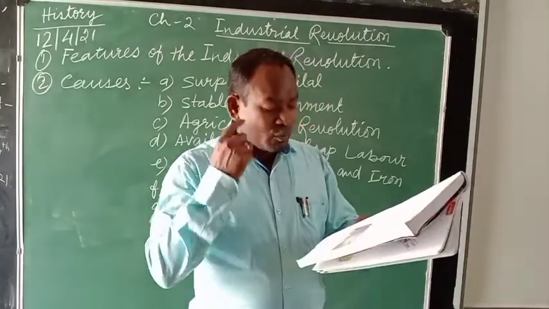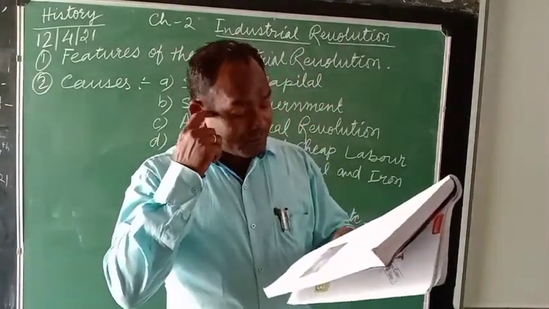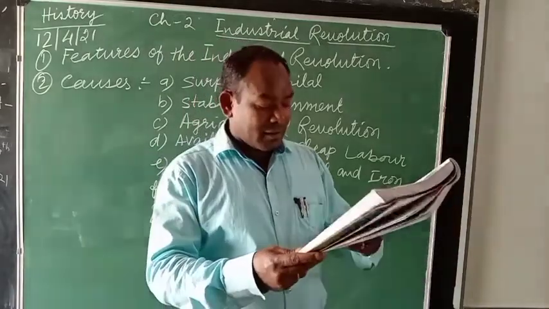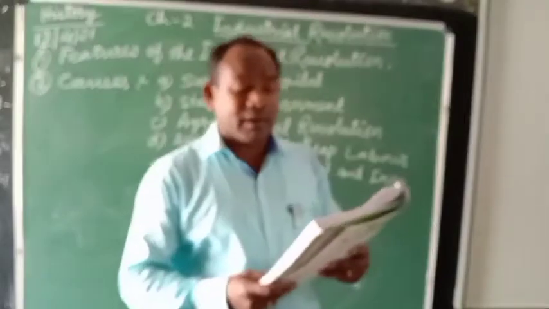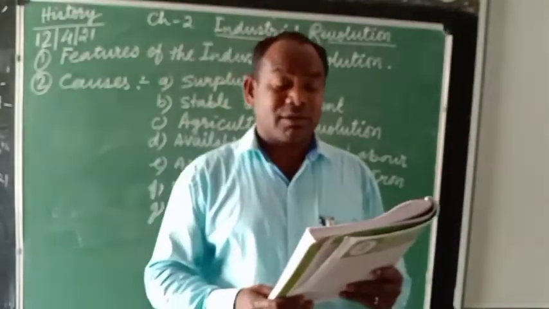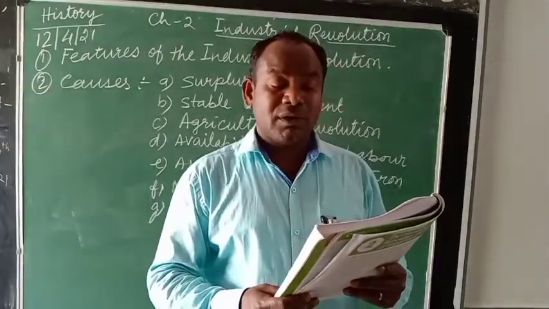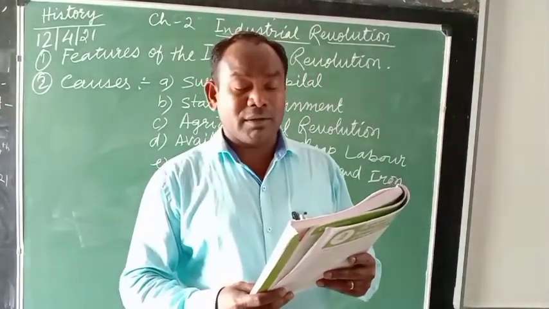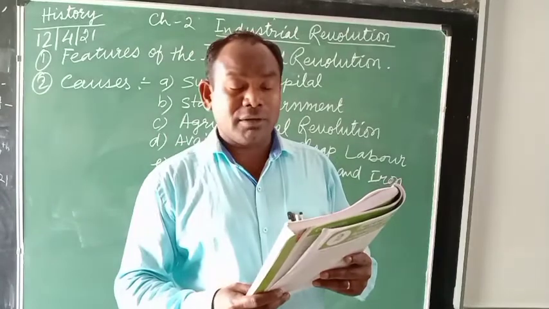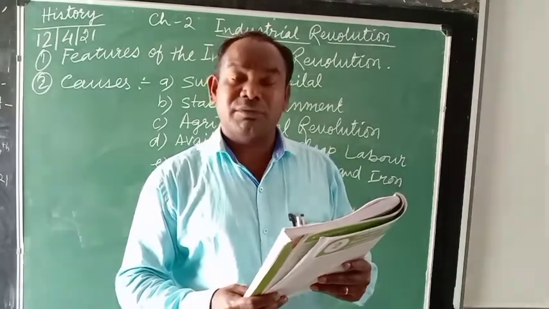The enclosure movement had led to the take over of land by rich landlords, and so the small landless farmers also migrated to towns and cities in search of employment in factories. They provided a readily available pool of cheap labor.